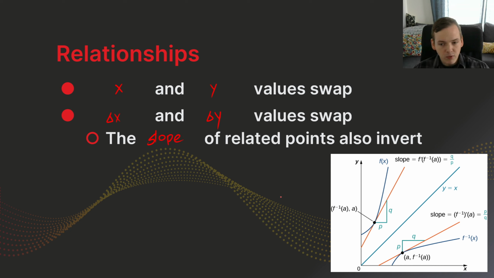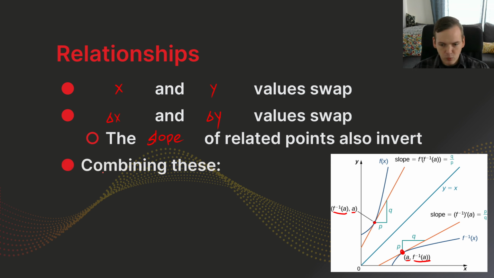Now these aren't for the same x value, they're for these related points here and here. In other words, for a and f of a, or in this case, a, f inverse of a, and then on the original function, f inverse of a and a. Again, switching those x and y values.